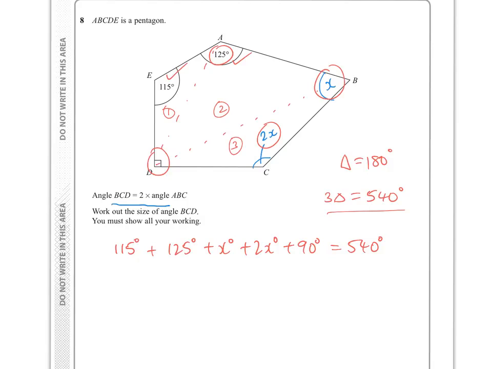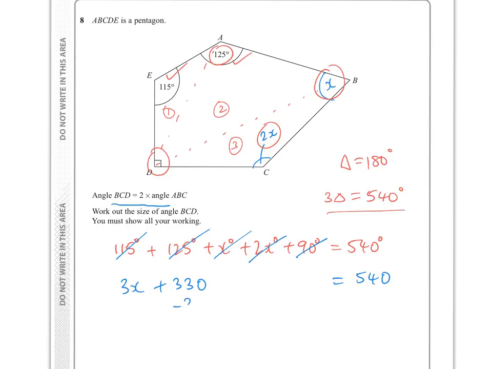We don't have to write the degree sign in, so what we can do is we can have 2x plus x is 3x. 115 and 125, that's 240, and 90 is 330. And that's got to be equal to 540.